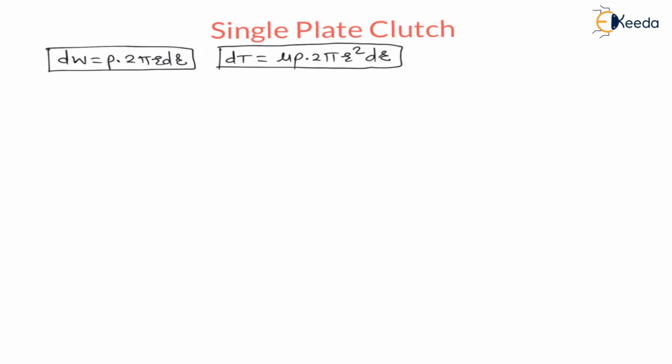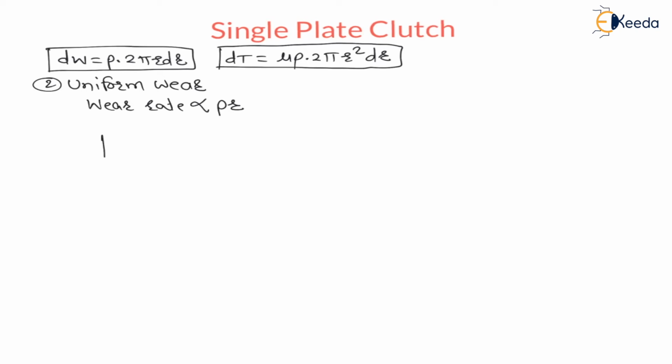Now let us solve with the help of uniform wear theory. For a very small normal load dW, we have solved this: dW is equal to P 2 pi r dr, and the very small torque transmitted is mu P 2 pi r square dr. Now the second theory we are going to see is the uniform wear theory. Here the wear rate is directly proportional to the product of pressure and radius.